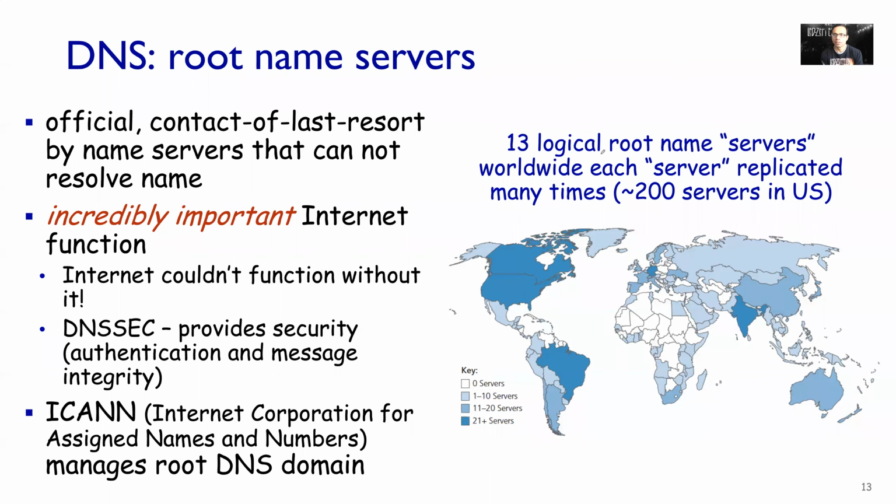But clearly, this was a problem because you couldn't just have 13 physical servers. So all of these are now replicated many times. In fact, even just in the US, there are now 200 physical servers that serve as root DNS servers, right?